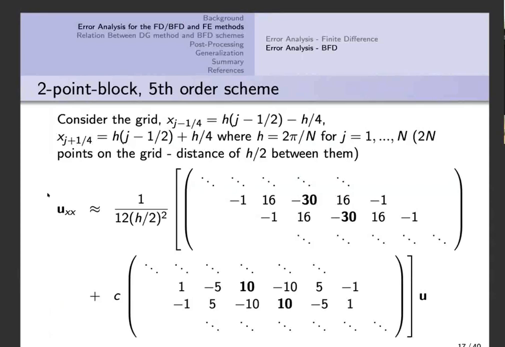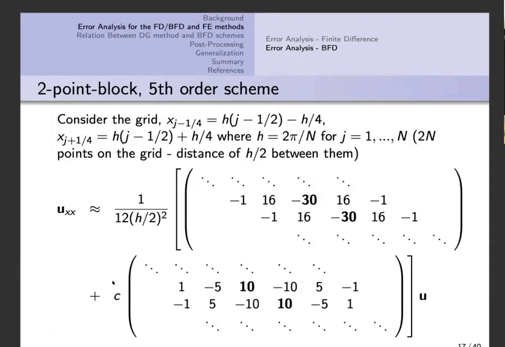So the second derivative in space is approximated by the following scheme. The first part is just the standard difference scheme, and the second part is the one that is built in order to enable us to find an optimized C in order to reach a better order.